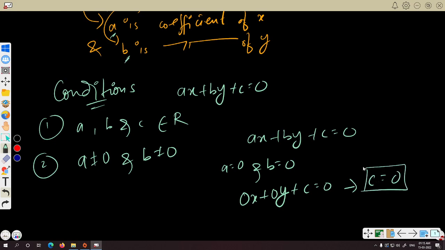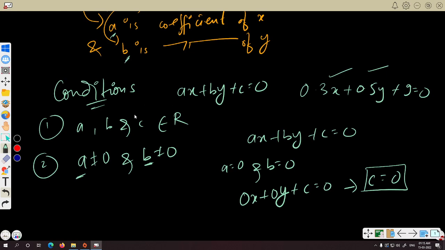So it is very much understood that if there is an equation which is a linear equation in two variables, then the values of a and b will not be equal to 0. It can be anything. It can be in decimal as well. For example, 0.3x plus 0.5y plus 9 is equal to 0. This is again correct. Fine. I hope this is clear to you.